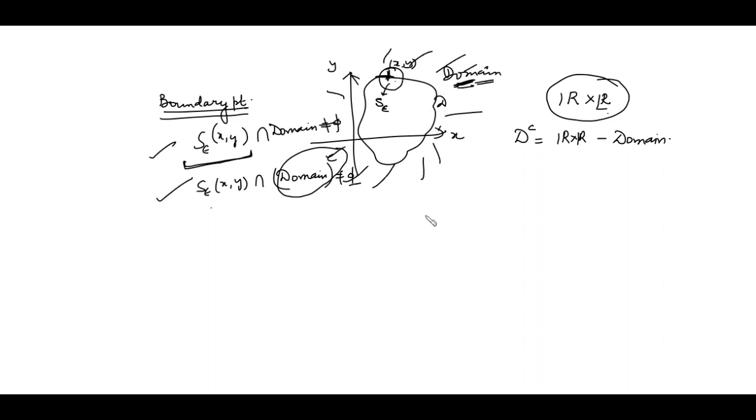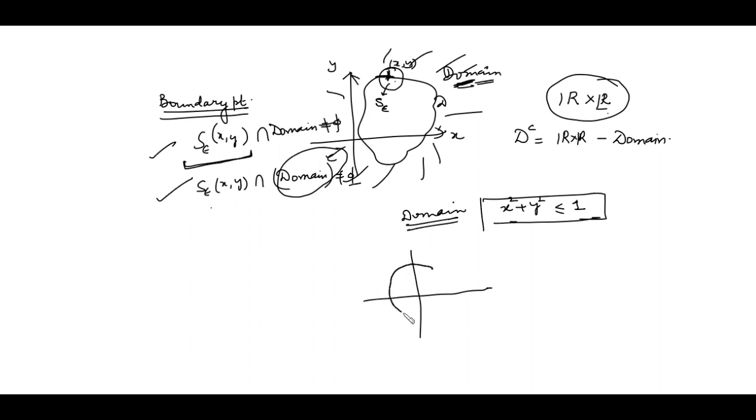For example, let's suppose we consider a domain set, a disk, which satisfies this equation: all those (x, y) belonging to R squared such that x squared plus y squared is less than or equal to 1. So what is this domain set? It is a disk with center at 0 and radius 1.